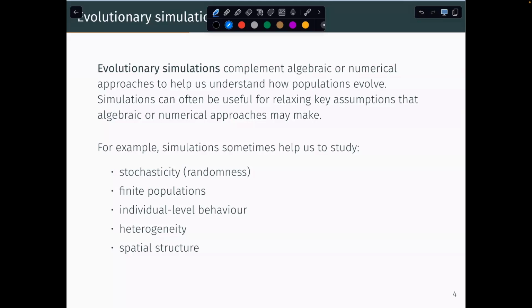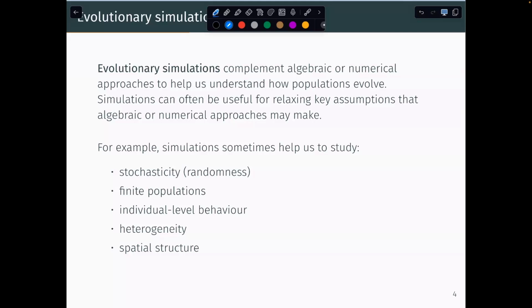You could have greater stochasticity, for example, environmental factors, environmental noise. We're treating our populations as being infinite, essentially, which we often talk about as being population sizes, but really they're population densities. Okay, so essentially we're talking about infinite populations here. And we might want to have individual level behavior as well.